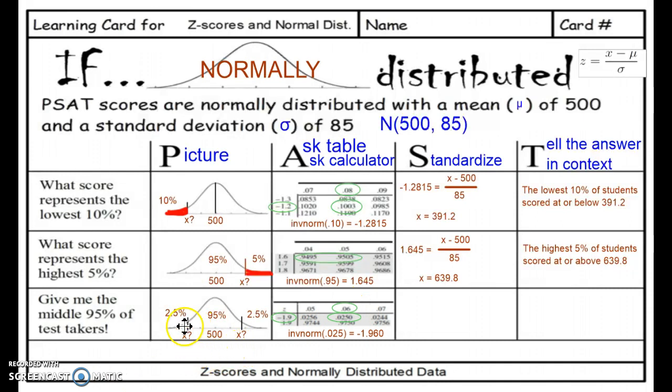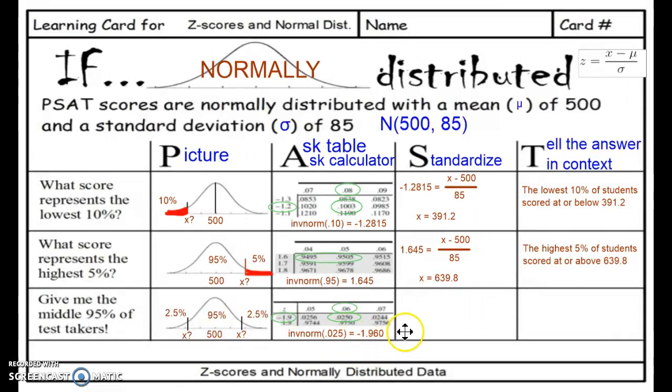The nice thing about this is the symmetry of it, because if the z-score that cuts off the bottom 2.5% is negative 1.96, then the z-score that cuts off the top 2.5% is going to be positive 1.96.